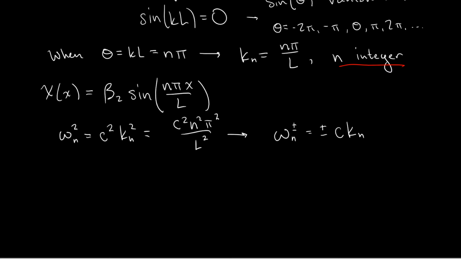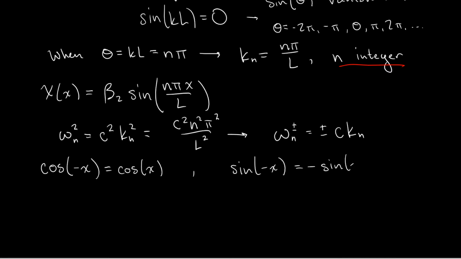But this is actually redundant, because cosine of minus x is equal to cosine x, and sine of minus x is equal to minus sine of x.